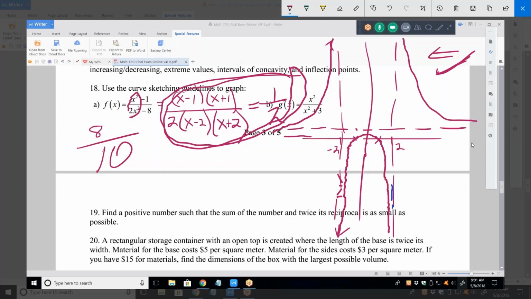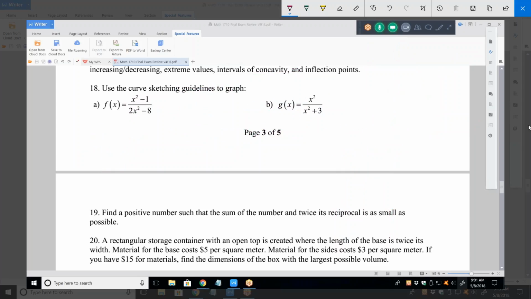Now, should we do 18b? Yeah, we can. Vertical asymptote.